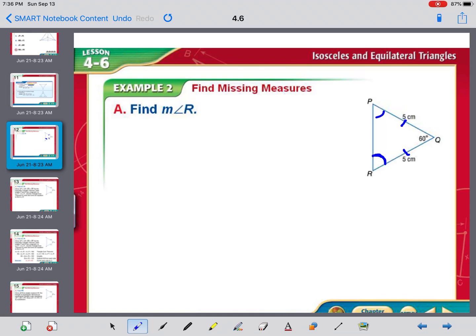All right, so find the measure of angle R. The measure of angle R is here, and we want to know that angle. Well, because these two sides are congruent, everybody see these two sides are congruent? Then these two angles are congruent. That's what it means, because remember, it's the sides opposite.